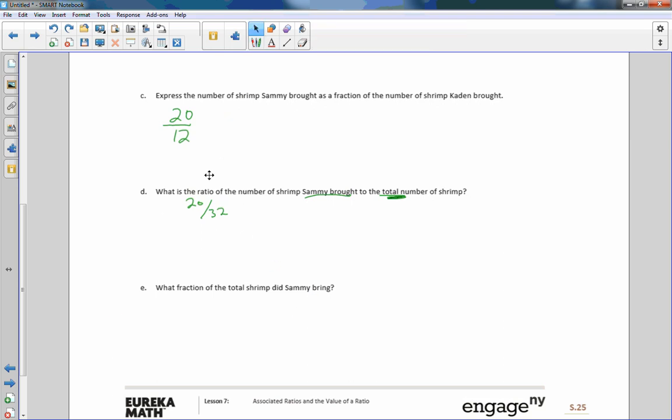Oh, I put this in the wrong place. So they asked for a ratio here, which is 20 to 32. And then what fraction of the total shrimp? This should be down here. My apologies there. So they asked for a ratio in D, which is with a colon, and what fraction. 20 over 32.